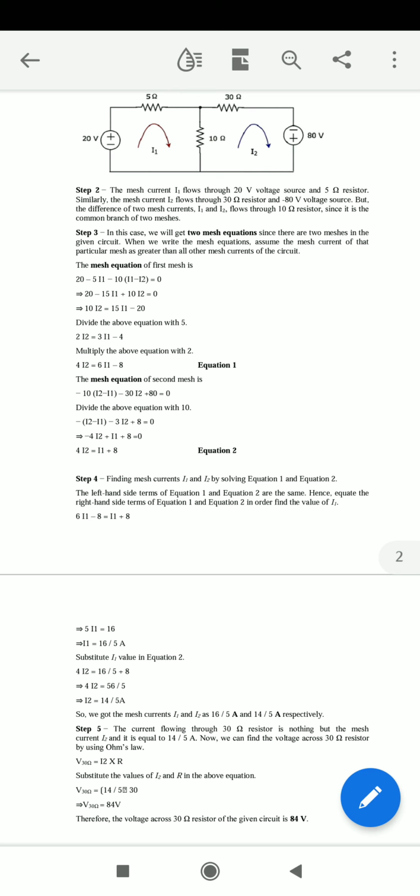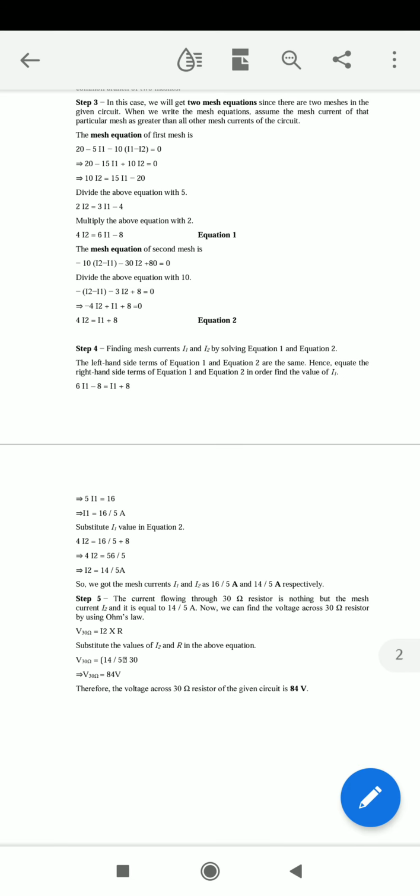So we can write two mesh equations, then solve them to get the mesh currents I1 and I2. Finding mesh currents I1 and I2 by solving equations 1 and 2.